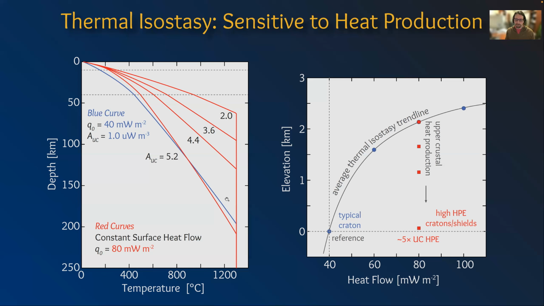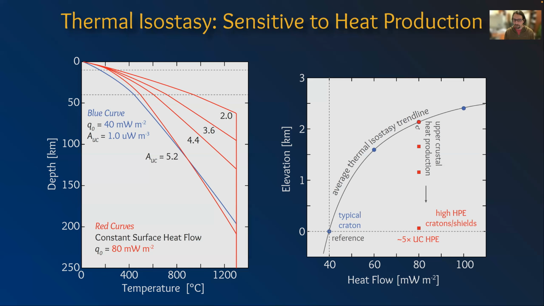Now you may ask yourself, well, if I'm increasing the heat production, how come the temperatures drop? And that's because that increase in temperature, remember, is accompanied by a corresponding decrease in the mantle heat flow to compensate to keep that surface heat flow at 80 milliwatts per square meter.